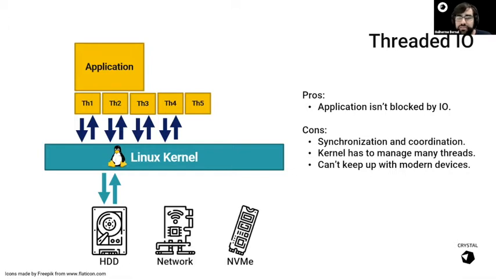If you have a fast network or an NVMe drive, those are just very fast. We would need a lot of threads, a lot of wasted CPU to manage them, and we can't keep up. We are basically not using the full capacity of those devices. This is bad. So how can we get even better? How can we improve on that?